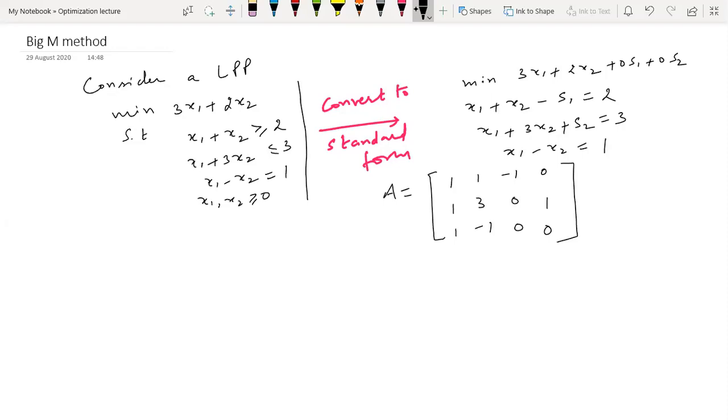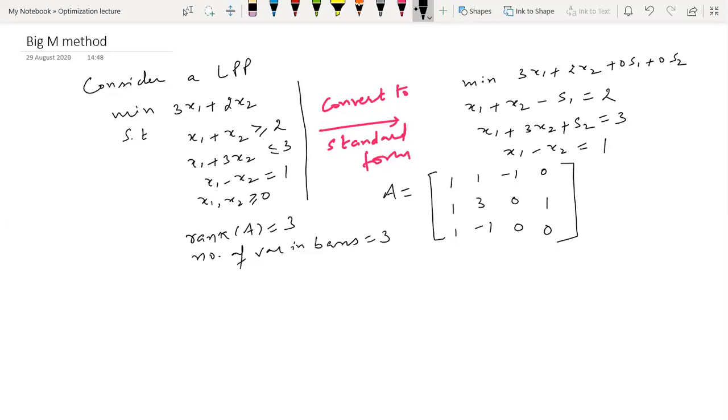Okay, so you see we have 3 constraints and 4 variables, right? And you can always check the determinant of the first 3 columns if you pick them up. The determinant is non-zero, so the rank of A is 3, so the number of variables in the basis is also 3, right?